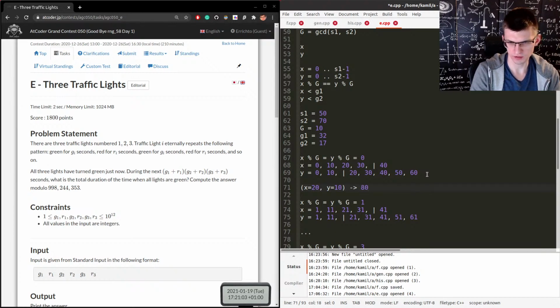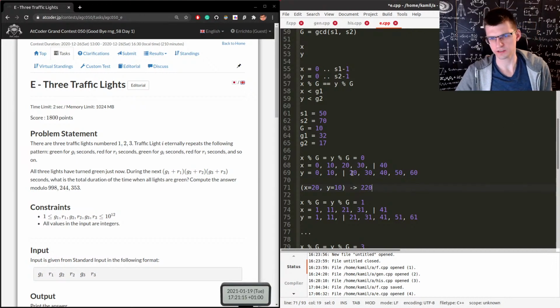That's 10 or 80 or 150. Or what's next? Plus 70, 220. I think it's 220. This is like the Chinese remainder theorem. 220 is equal to 10 modulo 70 and 20 modulo 50.